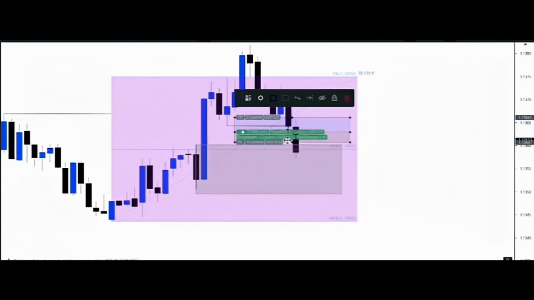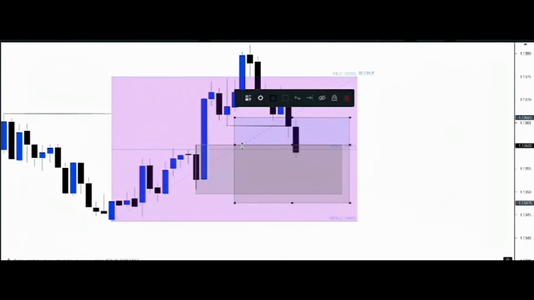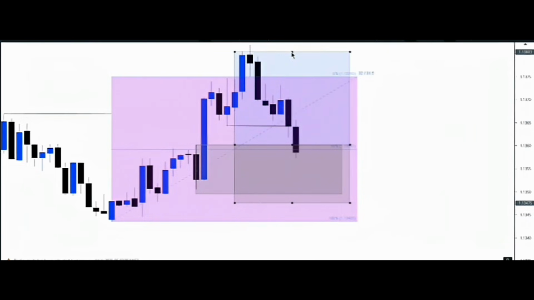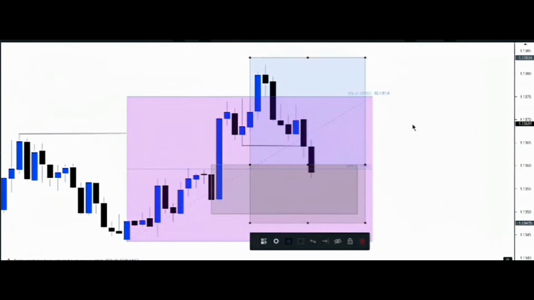Let's set our stop loss first of all just below here, give a buffer, and then go for 2 to 1 risk to reward. Let's do that quickly. That will give you about 1 to 2 risk to reward.